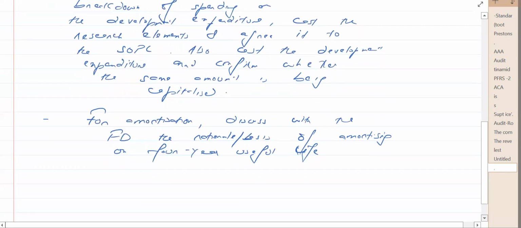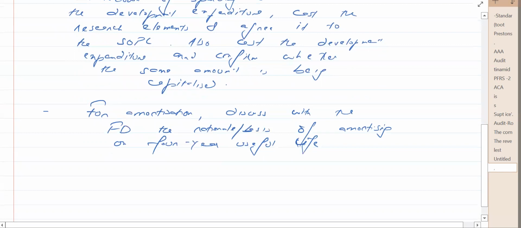Because this is based on their past estimate. Ask them, okay, what are their bases and the rationale for amortization? Discuss with the finance director the rationale of amortizing on 4-year useful life and confirm the reasonableness. Reasonableness of what? Reasonableness of the accounting estimate.